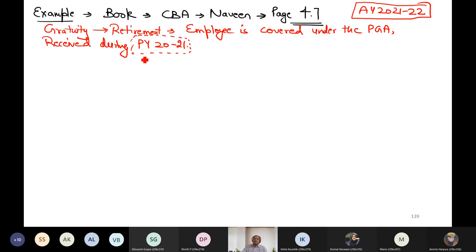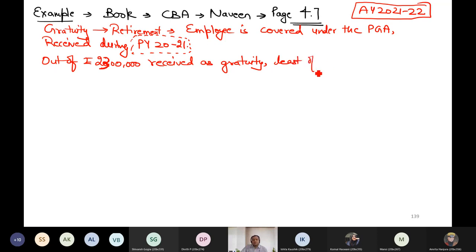So what you will say, since the employee is covered under the Payment of Gratuity Act, out of 23 lakh received as gratuity, the least of the following is exempt.